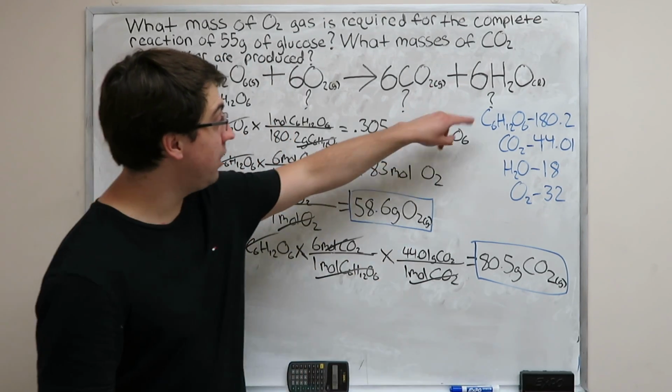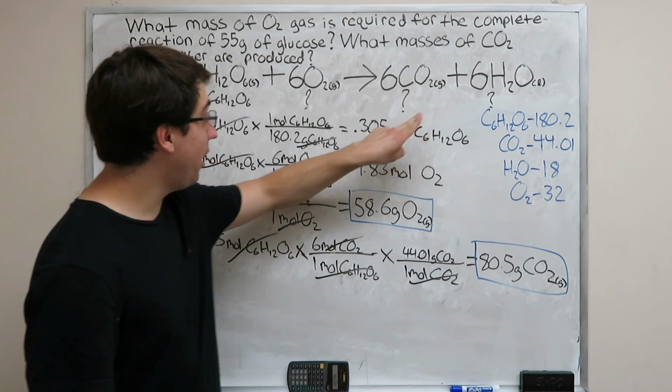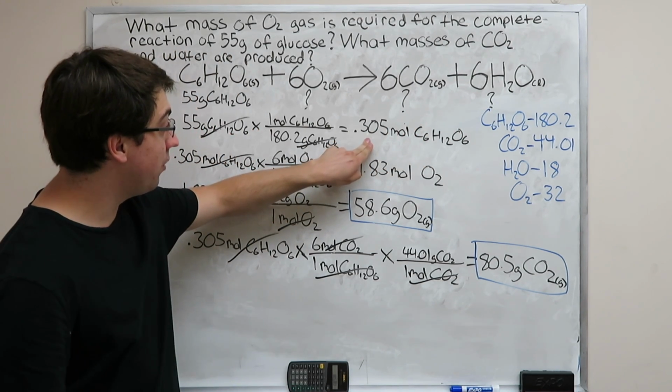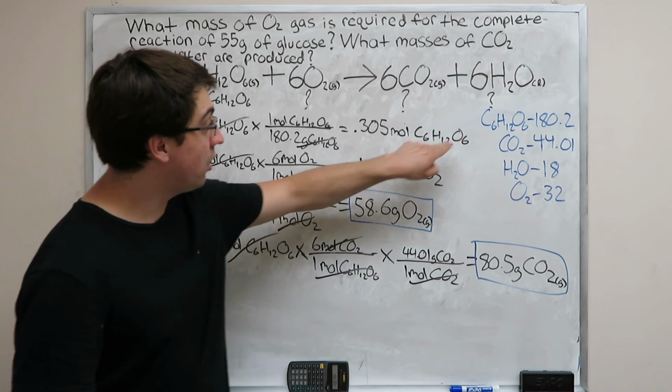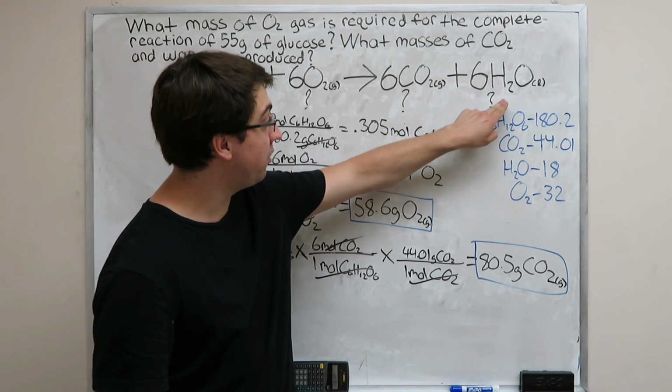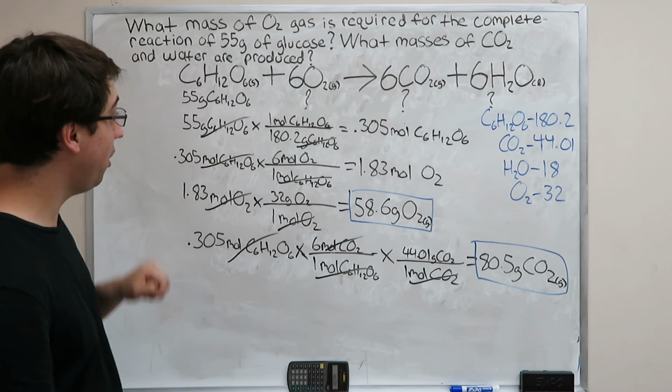Now we want to figure out how many grams of water is produced. We know that we have 0.305 moles of glucose. We need to convert this amount to moles of water. And for this equation, there is 6 moles of water for every mole of glucose.